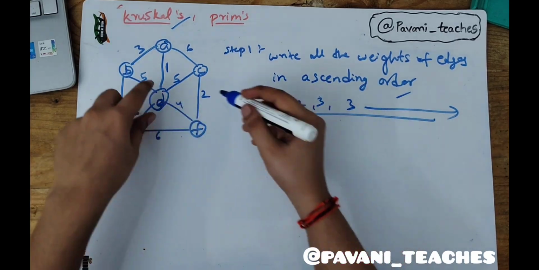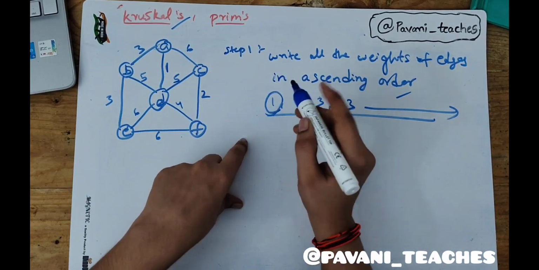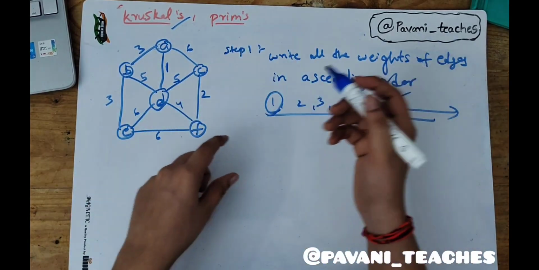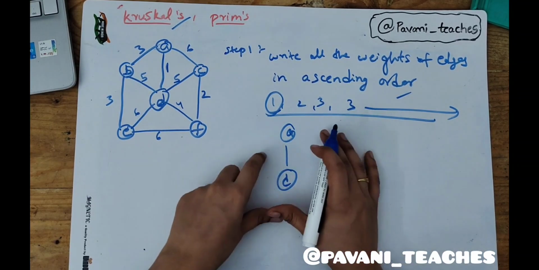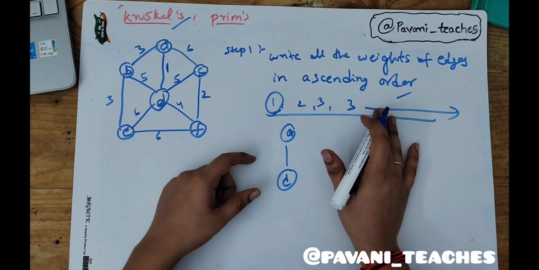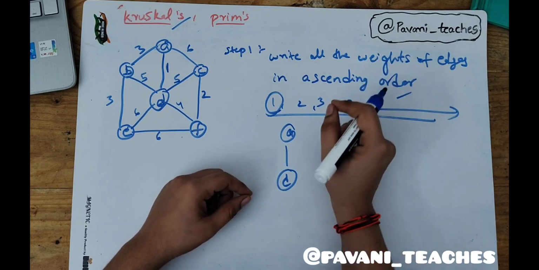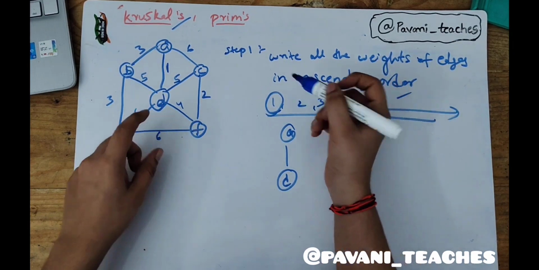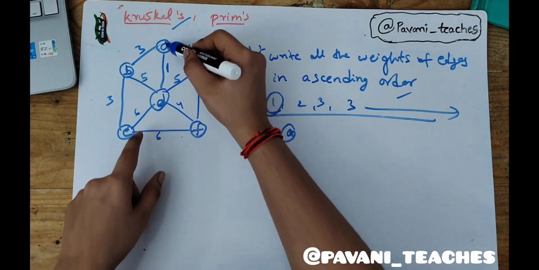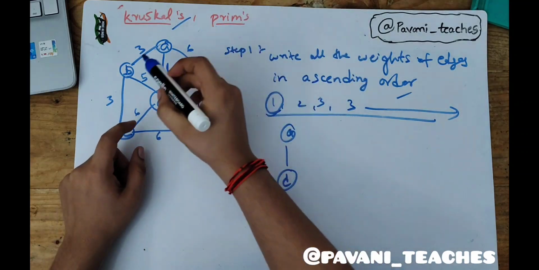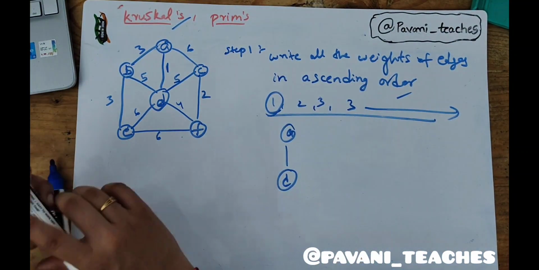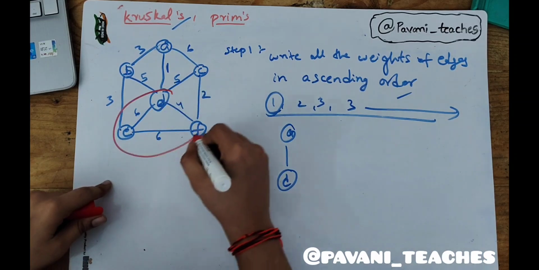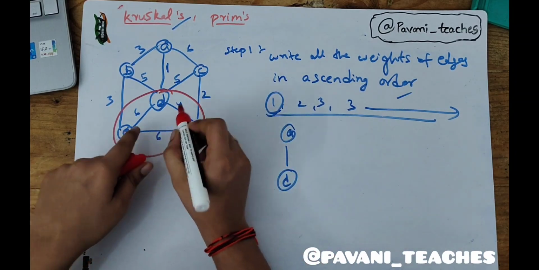First we have to take the one weighted edge, that is A and D. You have to connect it like this. You have to connect all the edges, but it shouldn't form a cycle. Here a cycle means a closing part. If the graph is closed, this part is known as closed, that means we don't have any open space.